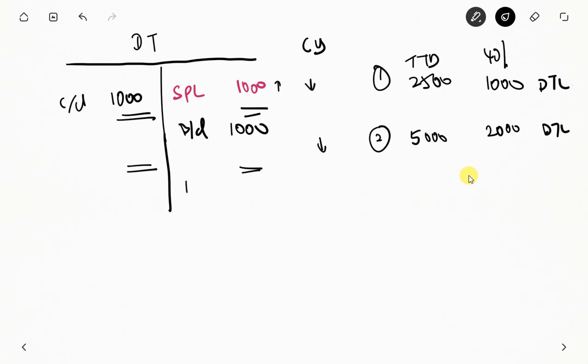Liability is 2,000. So expenses in my SPL will be 1,000. So the same thing for year 3, year 4. We do together, I mean one shot like here. 7,500 and 10,000.